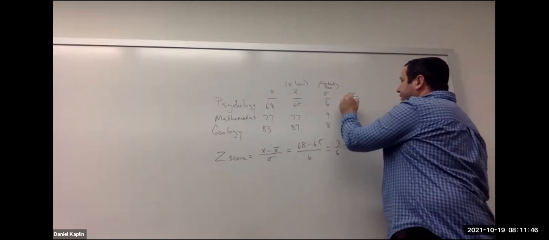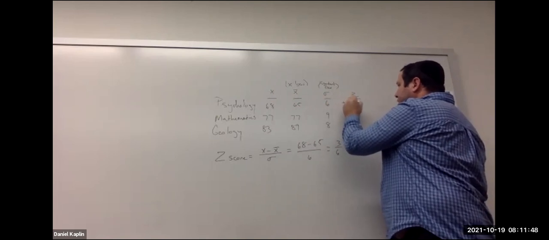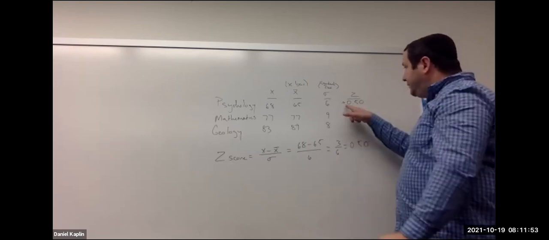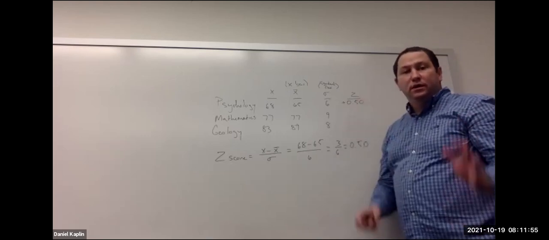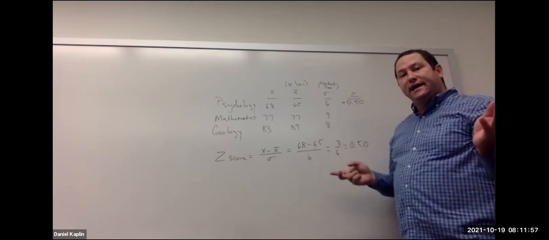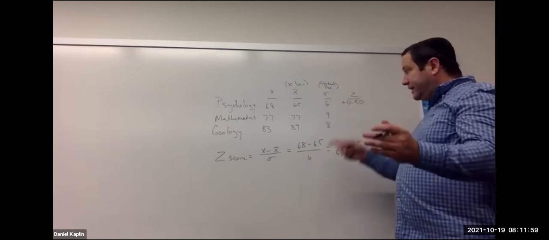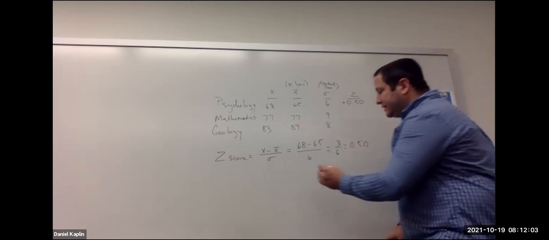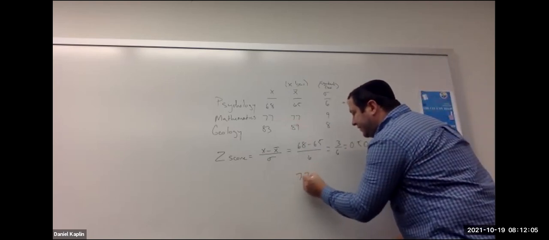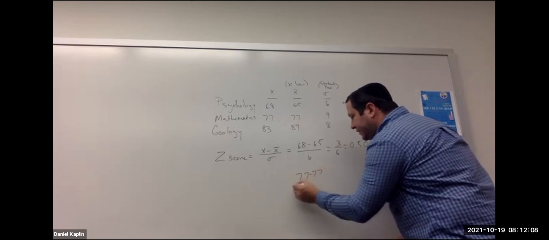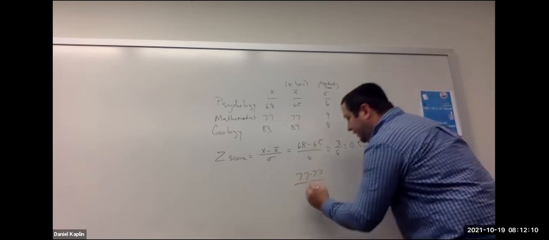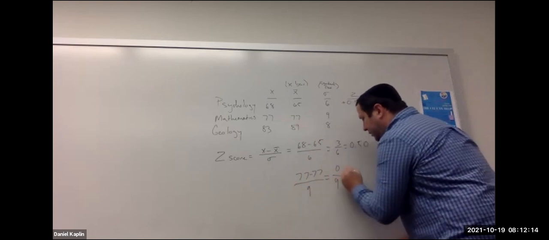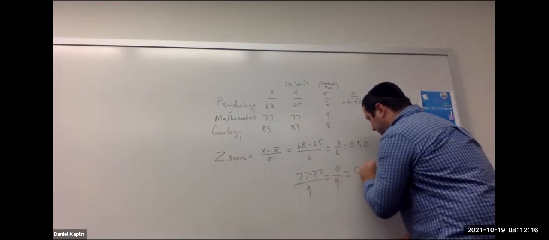So I'm going to put positive 0.50 here. Now, it's going to be interesting. We need to know where they are in the data set. That's going to tell a story. So now let's calculate mathematics. 77 minus 77 divided by 9 equals 0 divided by 9 equals 0.00.